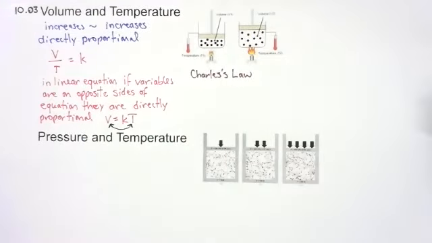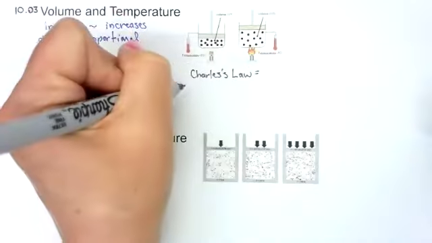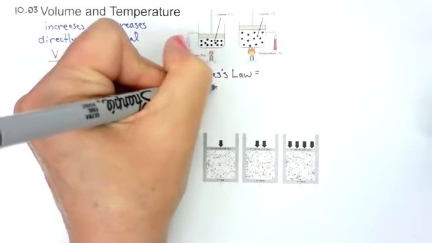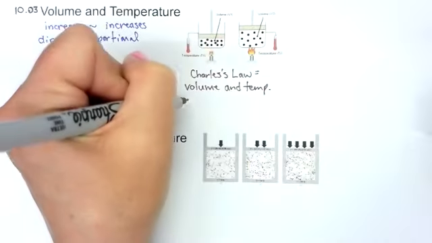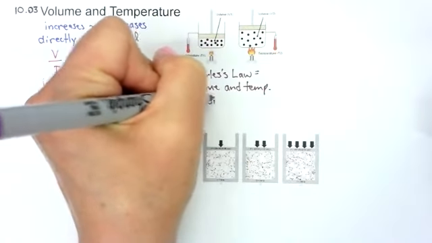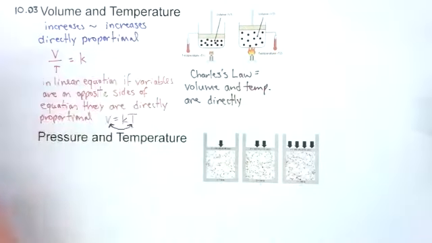And Charles' law says that volume and temperature are directly proportional.